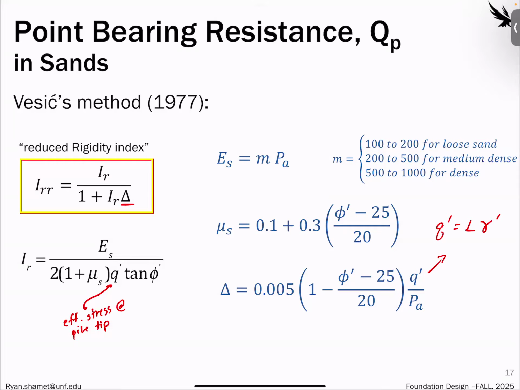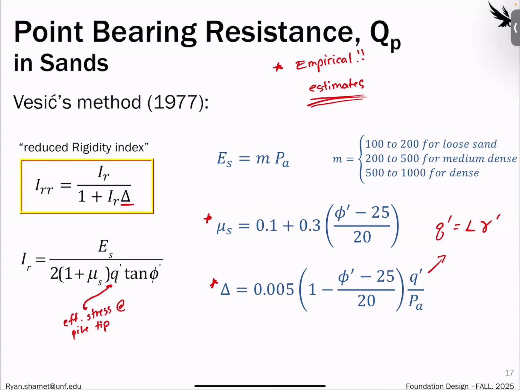Now with these, these are all empirical. That's why they look like weird equations. So again, they're estimates based off of the data that was used to train these. So take that for what it is. And that's why being conservative, and the factors of safety, which we'll talk about at the end of this lecture, are important.